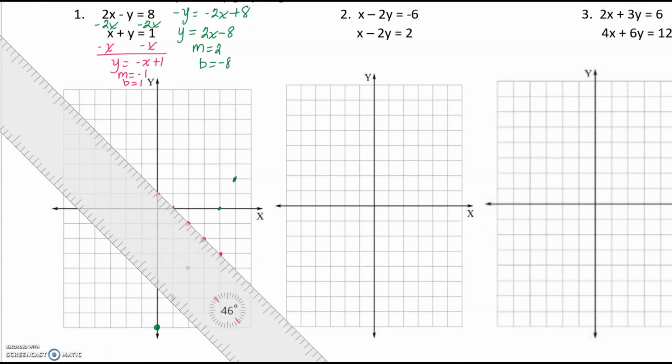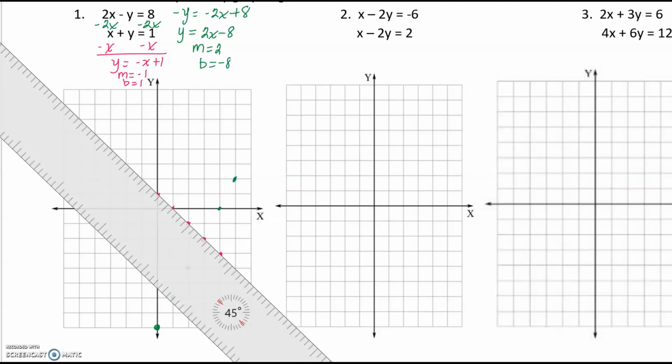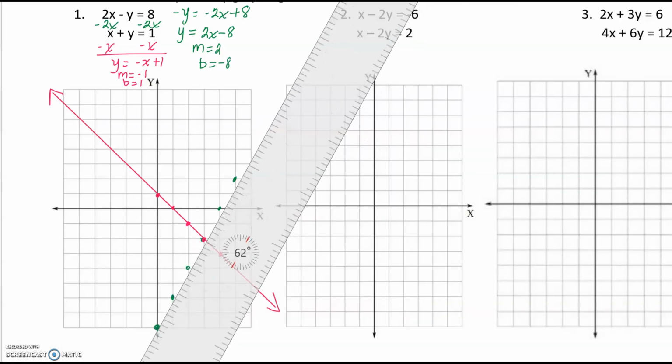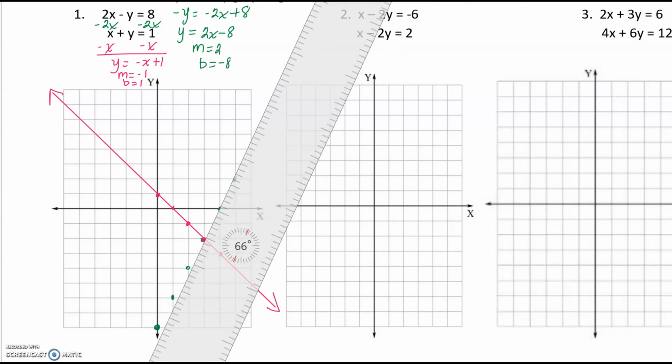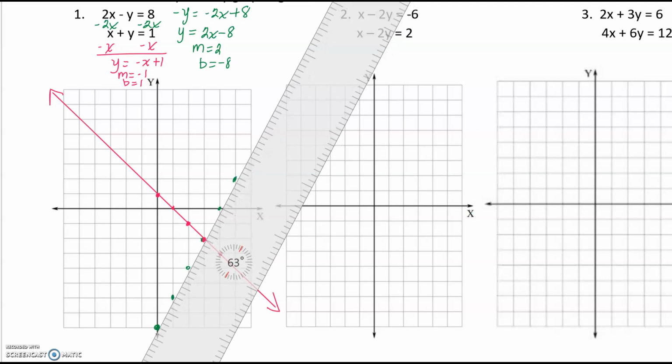Remember that you have your IDs, which are a perfect way to draw really straight lines. And then I'm going to draw my green line. Get that a little more accurate.